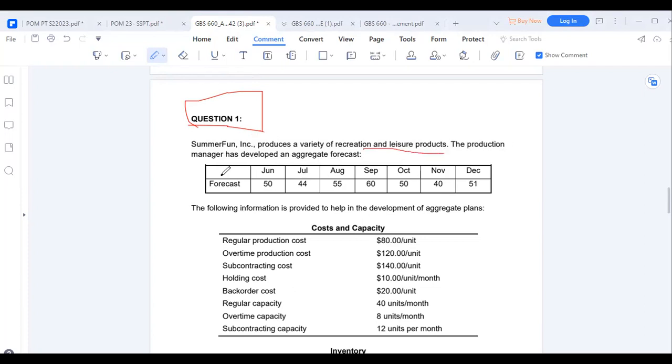The production manager has developed an aggregate forecast. So we have the forecast from June through to December. Now, what this one is actually telling us is that this demand, we are supposed to meet this demand because this is what customers are demanding.